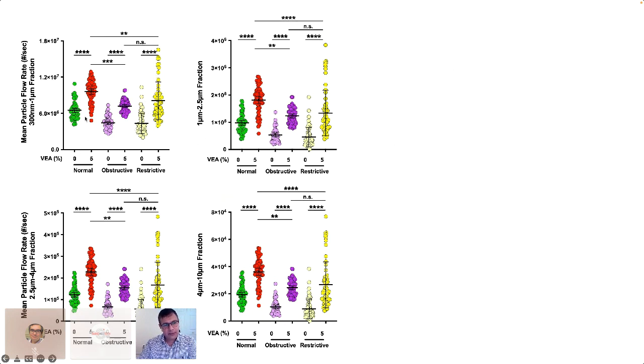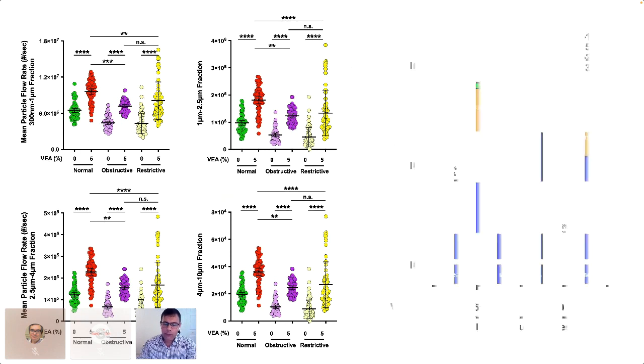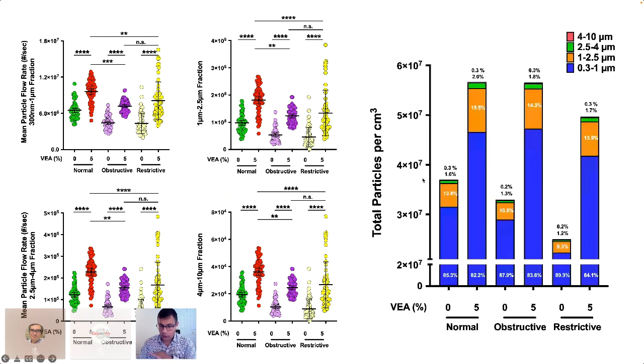What you can appreciate is that all of them have the same trend. So in all of them, vitamin E acetate increases the number of particles inhaled. That should not come as a surprise. But now, when we plotted the total particle count over the representative session, the condition that had the highest magnitude of increase was the restrictive.